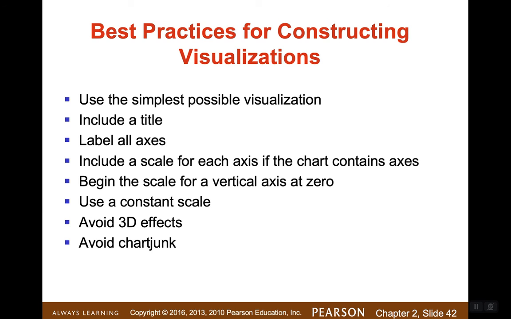You want to include a title, and you also want to label all of the axes. If you don't, what somebody will look for first is the title, so you set the context. Then the individual axes tell us what you're comparing to what.